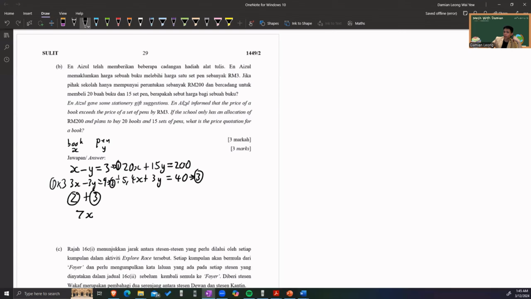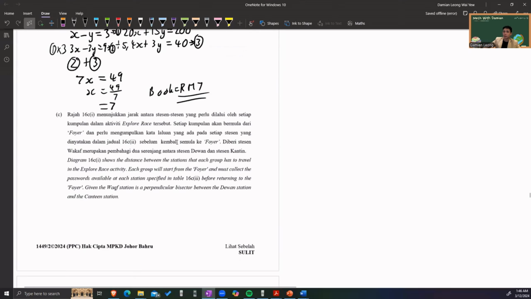Negative 3y plus 3y is 0. Basically, I want to make it 0. That's how we determine whether we plus or minus. 40 plus 9, 49. So x will be 49 divided by 7, which is 7. Means a book is 7 ringgit. Okay, I don't need to find the price of a pen because they only want the price of the book.